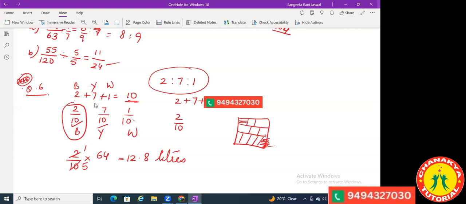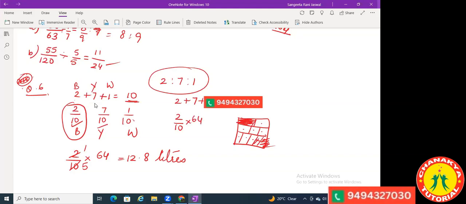This means 2 is for blue, and 7 is for yellow: 1, 2, 3, 4, 5, 6, 7. And 1 is for white. You understood? So these two parts make the blue. So 2/10 of 64. The total paint to be made is 64 liters.